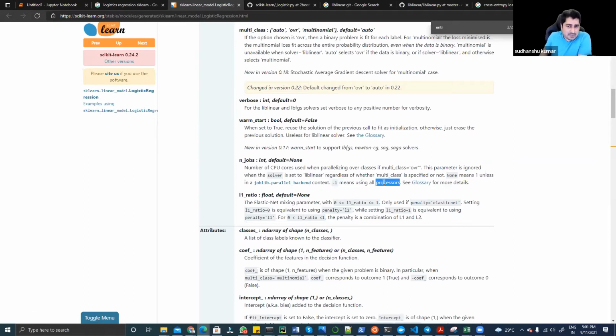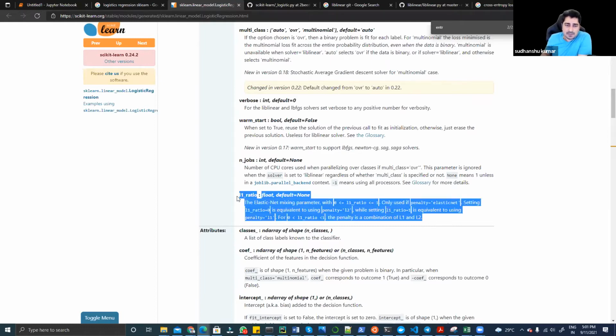By default, it will be -1, but if you would like to restrict, you can restrict it. In case of liblinear, by default it will be using all the CPU threads that you have. But in case of maybe Newton-CG or maybe Saga, you can try to control it easily. So -1 means all, whatever is available, it will take it.